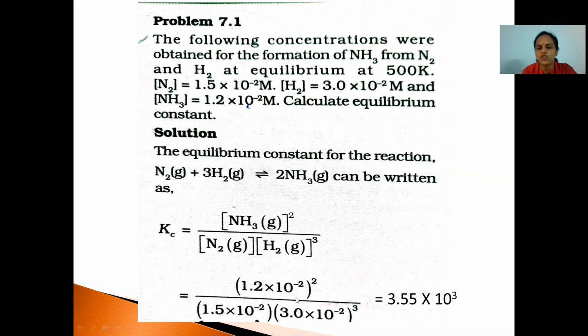So (1.2 into 10 raised to minus 2) square divided by nitrogen concentration given here as 1.5 into 10 raised to minus 2, into hydrogen concentration given here as 3 into 10 raised to minus 2 molar, so (3 into 10 raised to minus 2) cube. And on solving this, I get the value of equilibrium constant Kc as 3.55 into 10 raised to 3. So this is how you'll solve the equilibrium questions. And it's very easy to solve.